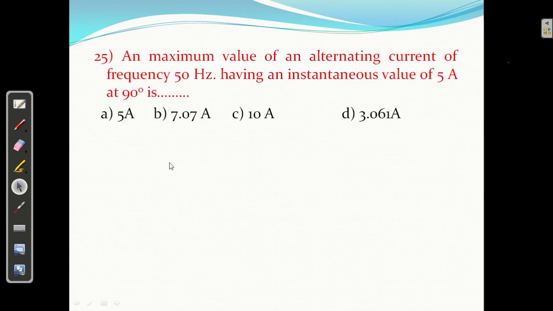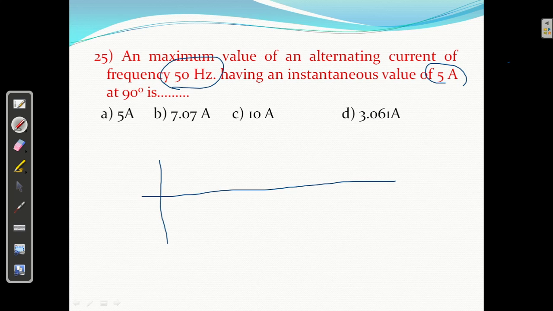Question number 25. A maximum value of an alternating current of frequency 50 Hz having an instantaneous value of 5 ampere at 90 degree. So see here, this is the waveform, the sinusoidal quantity.